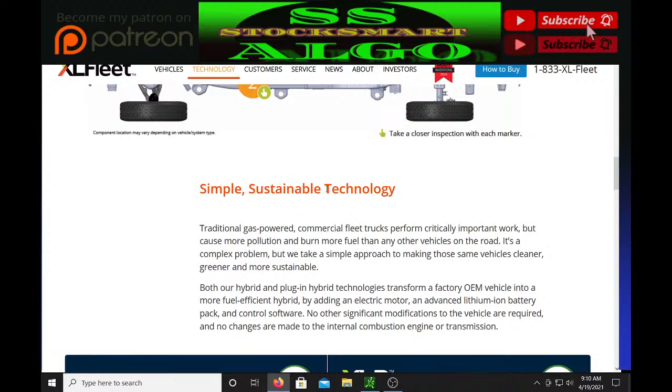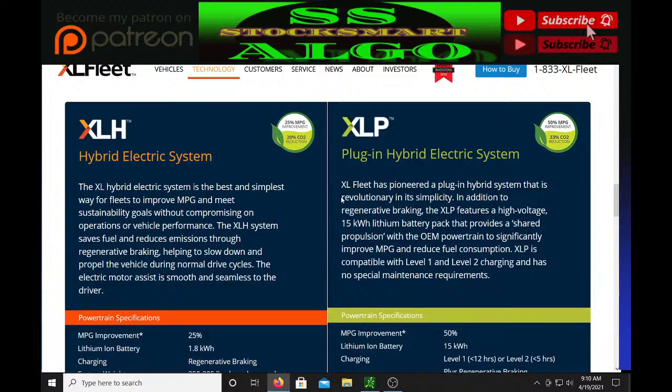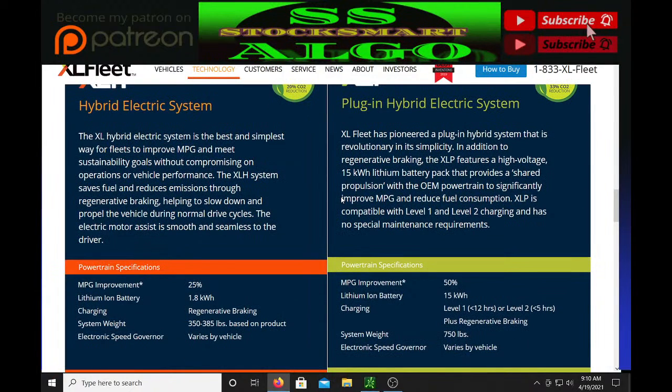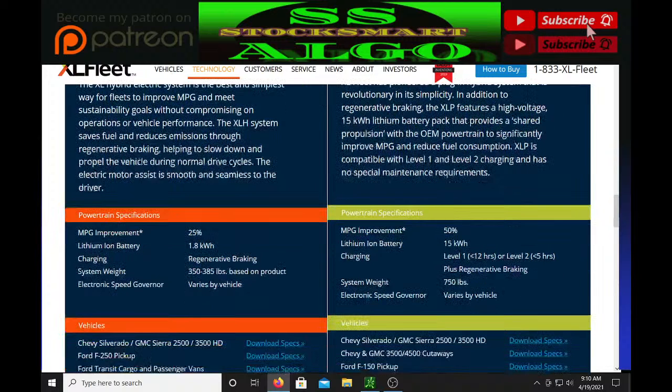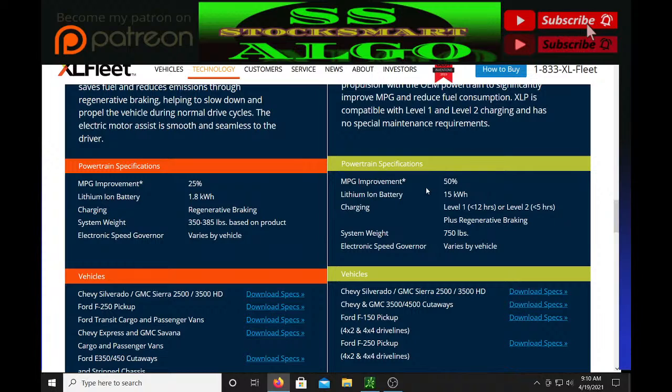Simple, sustainable technology. Exactly. Okay. So you get your hybrid electric, your plug-in hybrid electric. Your conversions, you know, how much they weigh. Looks like this one doesn't weigh very much. Charging level 1 to 12 hours, level 2 to 5 hours.